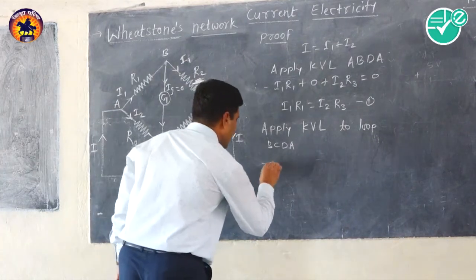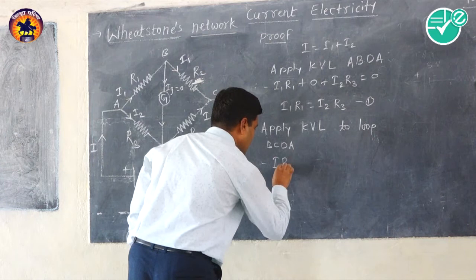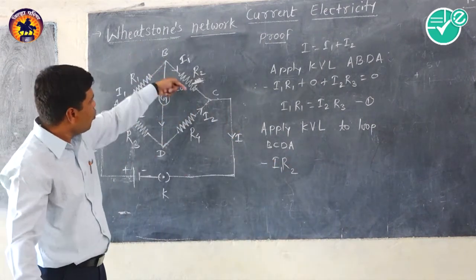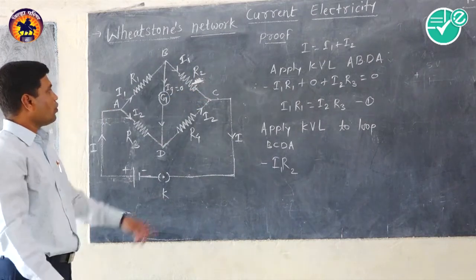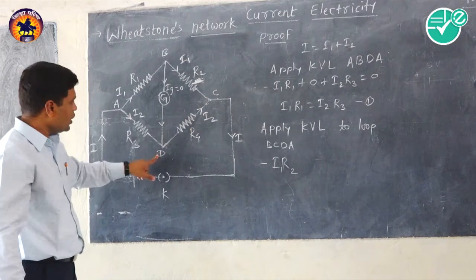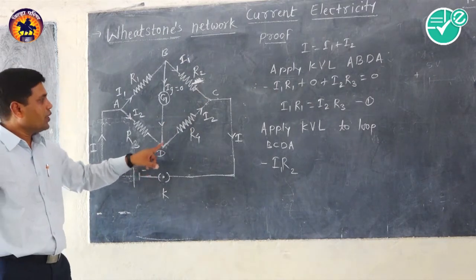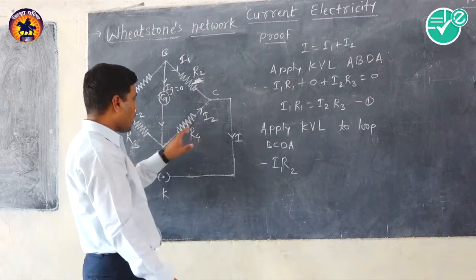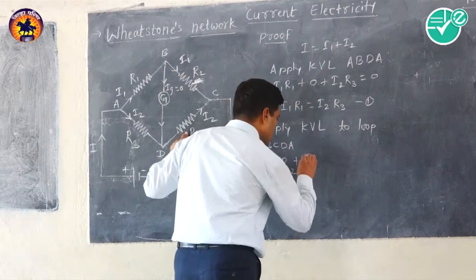Therefore, here we can write minus I1 R2. Minus sign because the direction of loop and direction of current is the same. So therefore, this IR drop is treated as negative. Now, as we move from C to D, we observe that the direction of current and the direction of tracing of the loop are opposite. So that is why this IR drop I2 R4 will be taken as positive.